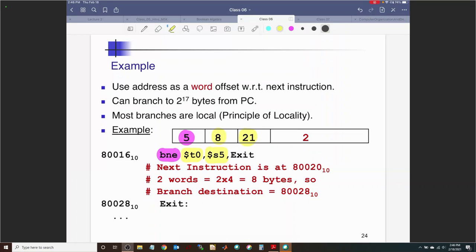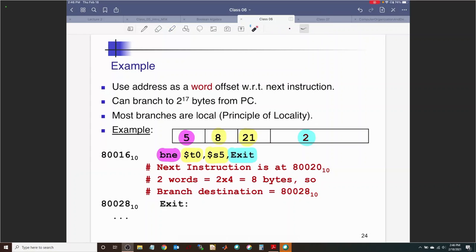So those go over there as a 5-bit number. And the last one over here is exit, which is being provided using a word offset of 2, right? So that address is essentially being referenced using 2.